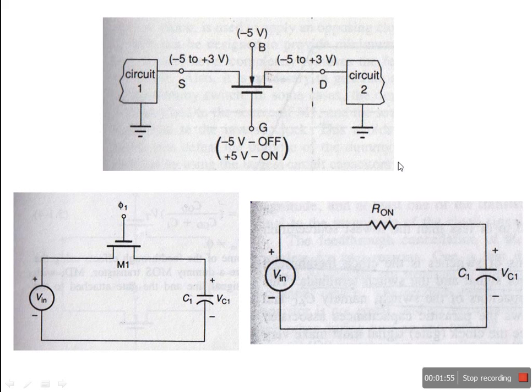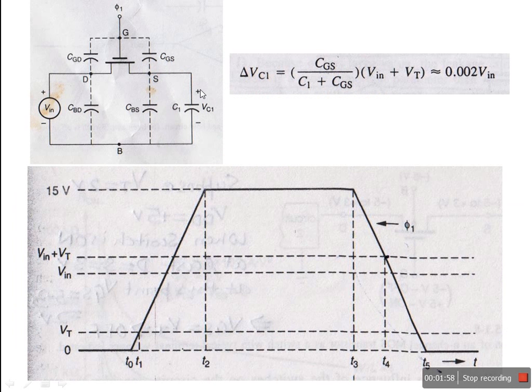Similarly here, when it becomes V in plus VT, the transistor will be in the off condition. Is there any doubt why it will be off?